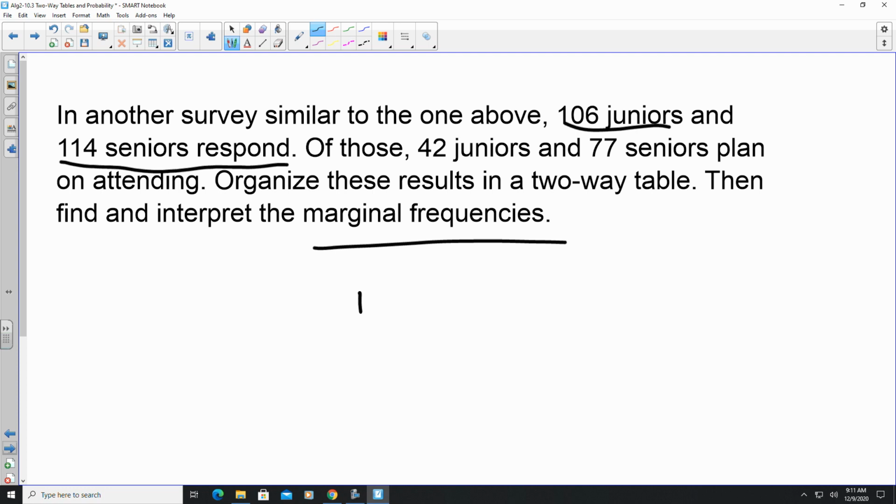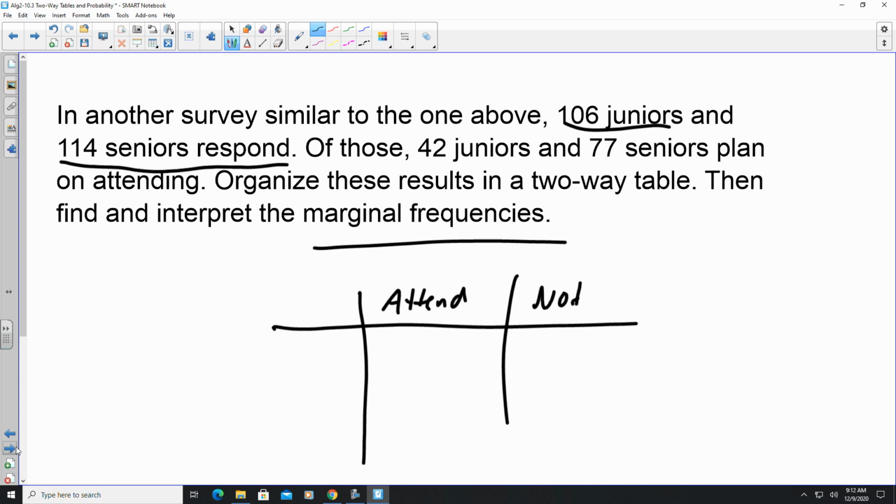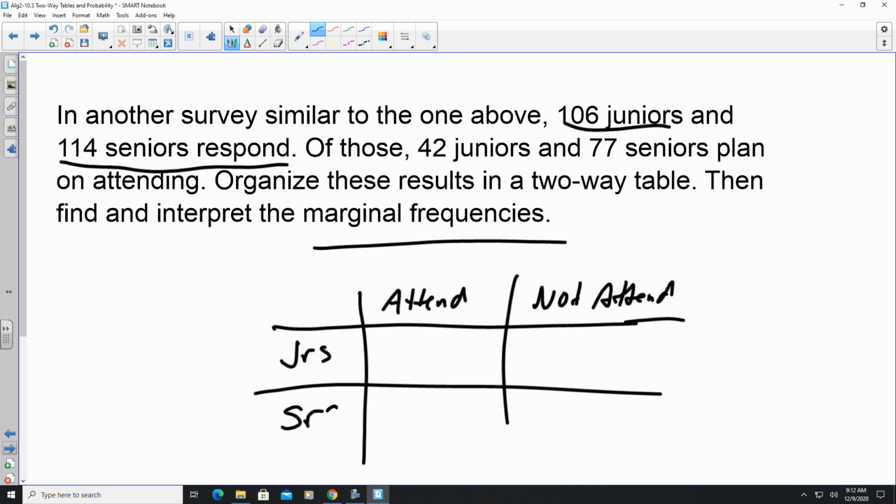So using this table in the same way, we can say attending, not attending, juniors, and seniors.